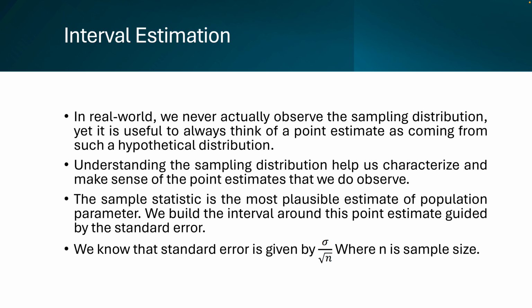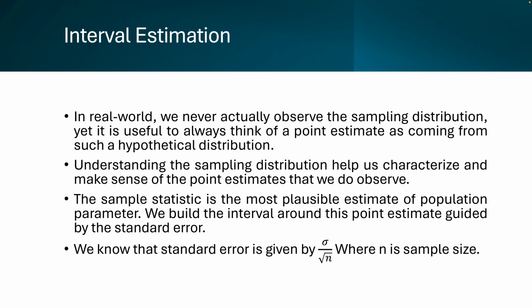So the sample statistic is the most plausible estimate of the population parameter. When we build the interval around this point, the interval is guided by the standard error. Why? Because from the central limit theorem, we know that the standard deviation of the sampling distribution is given by sigma by root n, where sigma is the standard deviation of the population and n is the sample size.